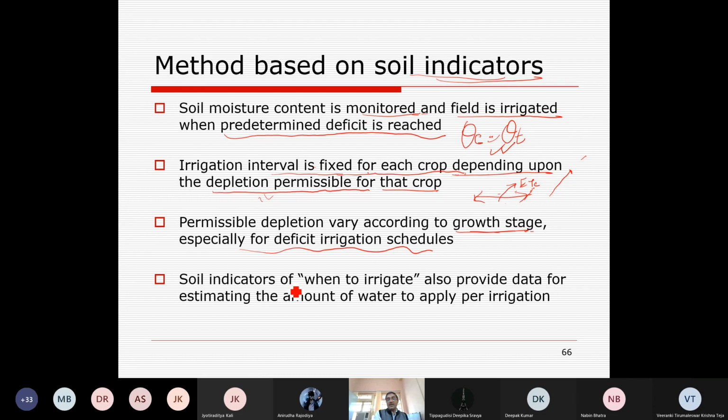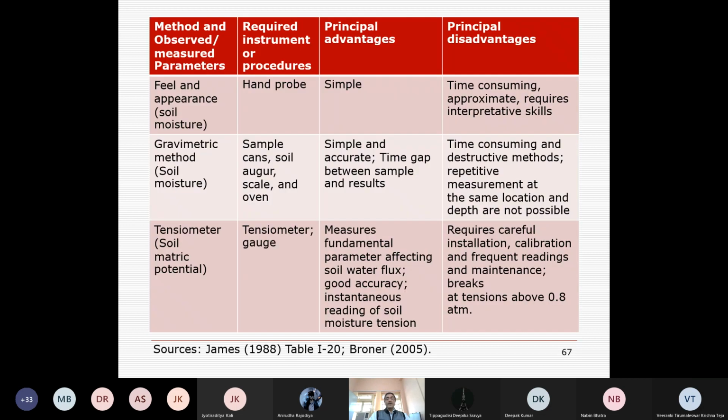Soil indicators of when to irrigate also provide data for estimating the amount of water to apply per irrigation. When to irrigate, that is simply soil moisture content. So it's a method based on a soil indicator, when it is reaching a certain soil moisture content condition.